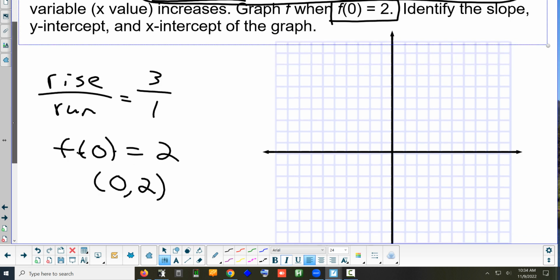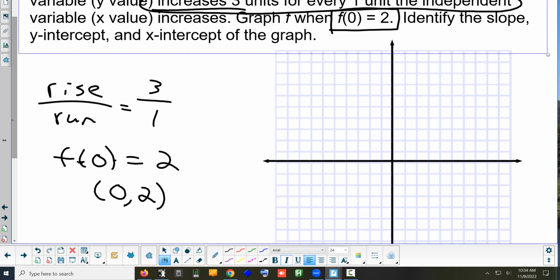So what's my y-intercept? 2. My y-intercept is at 2. When it says f of 0 equals, the number on the other side is the y-intercept.